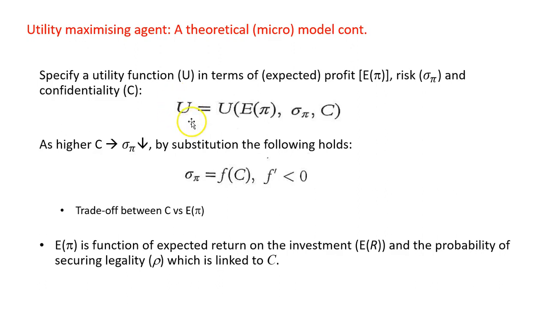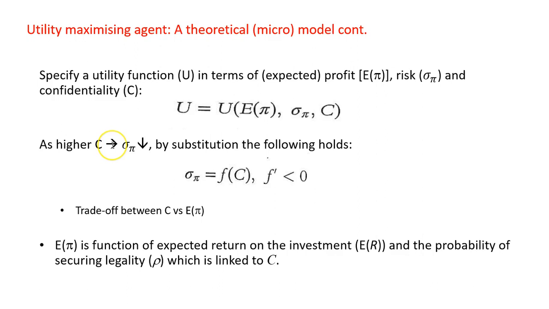So the benefit that the criminal gets from the activity is going to be a function of the expected profits, the risk that is being undertaken, and the degree of confidentiality that the criminal decides to purchase.